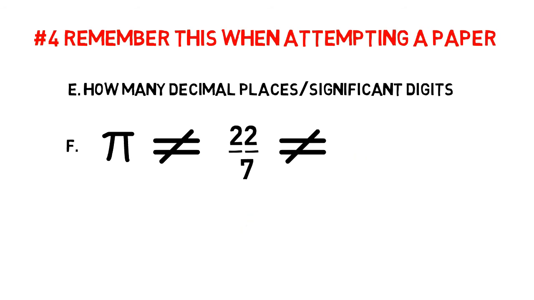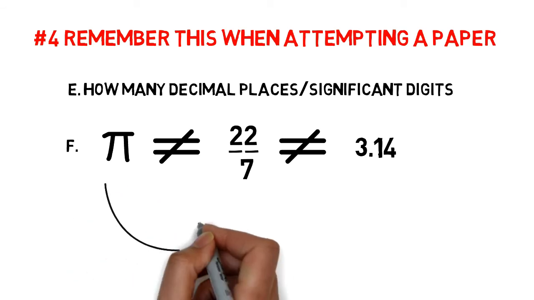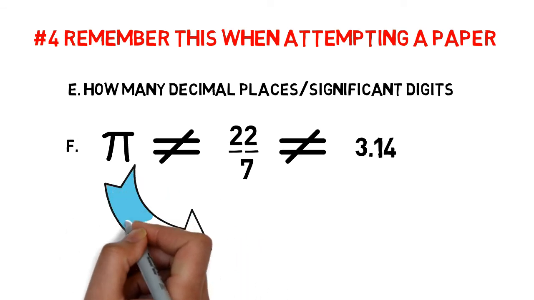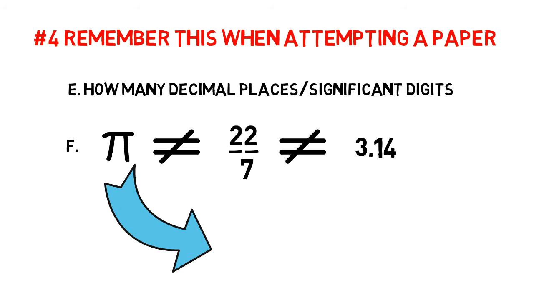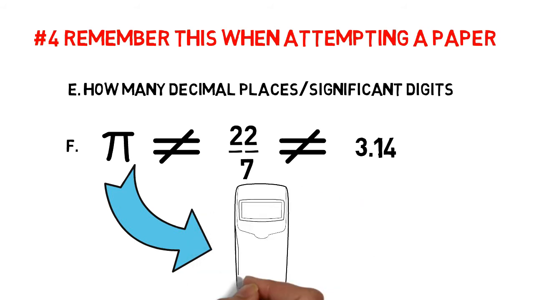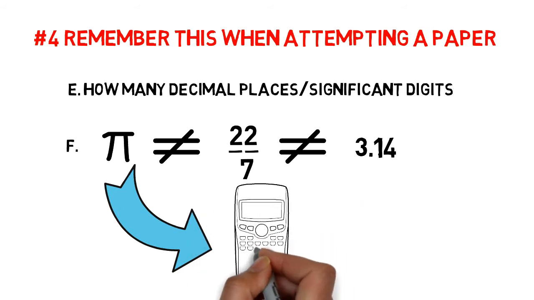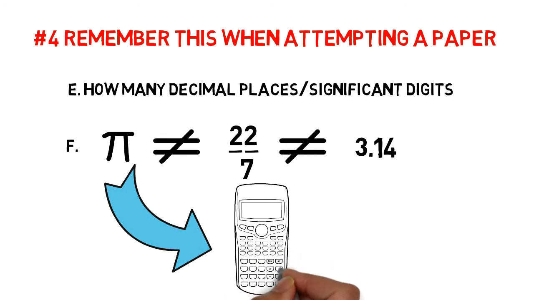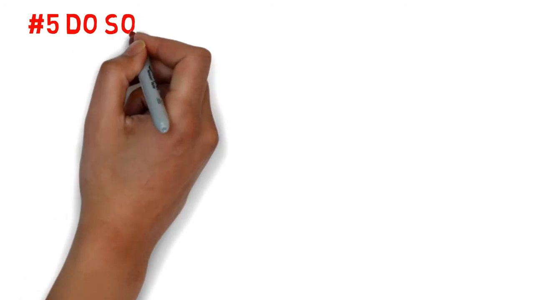But if you ask me, I'll say that you should just use the preset calculator value, because sometimes if you are solving for very huge numbers or extremely small numbers, those decimal places or exponents will be so large that your answer finally will be affected greatly if you use some other approximation. So to be on the safer side, use the preset calculator value.